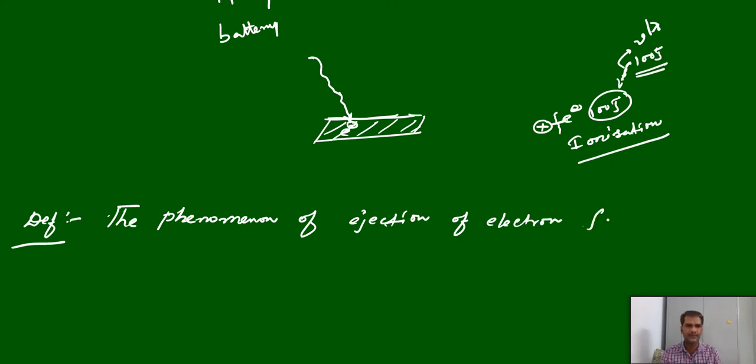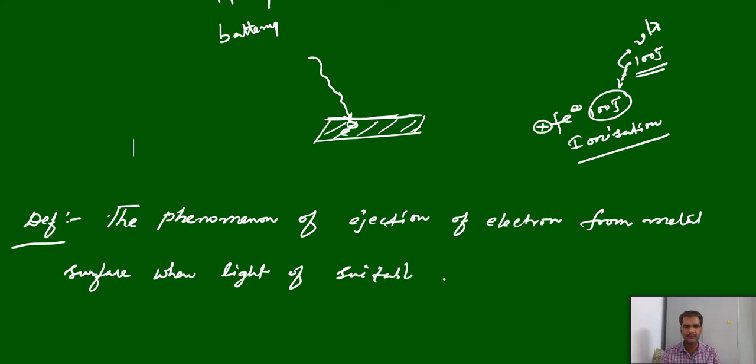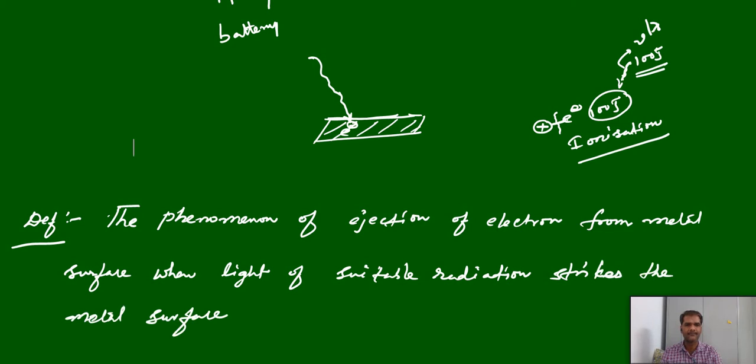Ejection of electrons from metal surface when light of suitable irradiation, or we can say a photon, strikes the metal surface.